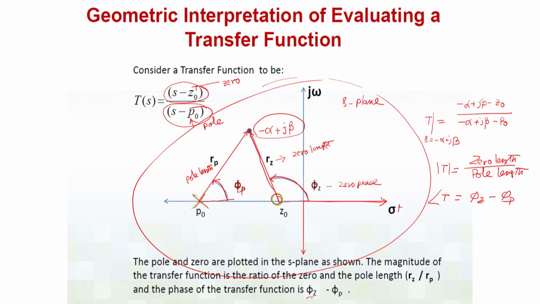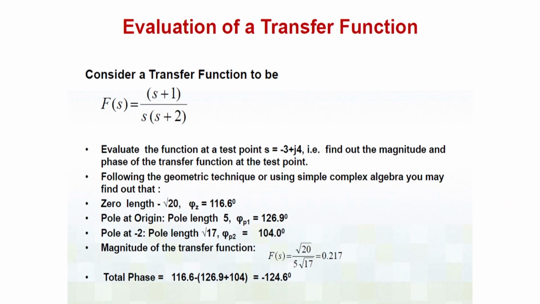So, these are the two things that we have to always keep in our mind, and on the basis of this we will do the root locus. So, I have given you a typical example here of F(s), and I have given a test point, instead of minus alpha plus j beta, minus 3 plus j 4, and you can find out the 0 length, you can find out the 0 phase, and then the pole at the origin, you can find out the pole length, okay, and you can find out the phase.